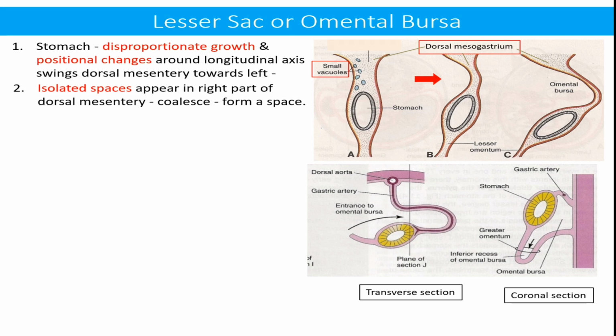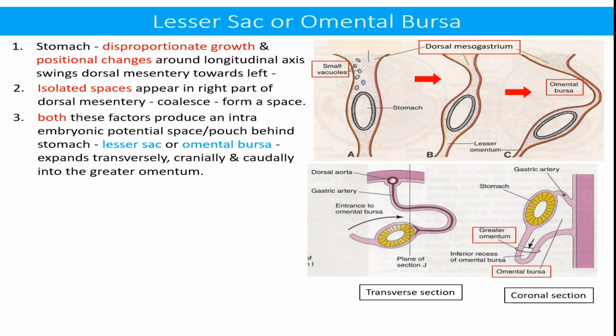At the same time, isolated spaces appear in the right part of the dorsal mesentery, which coalesce and form a space. Both these factors produce an intra-embryonic potential space or pouch behind the stomach, which is named the lesser sac or omental bursa.